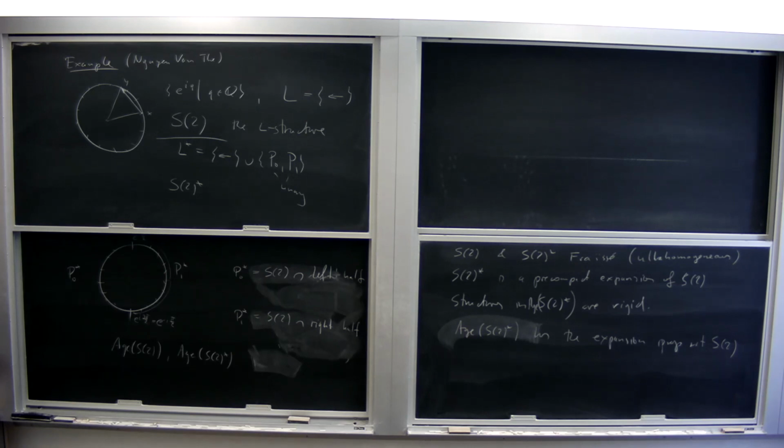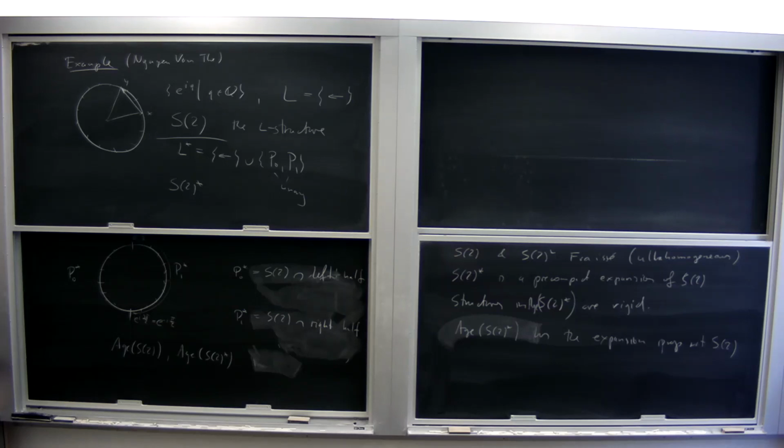So such that for each B star in age of S2 star, an expansion of B, I can embed A star into B star. So these B stars will always take them of the same kind, no matter what A is thrown at us.